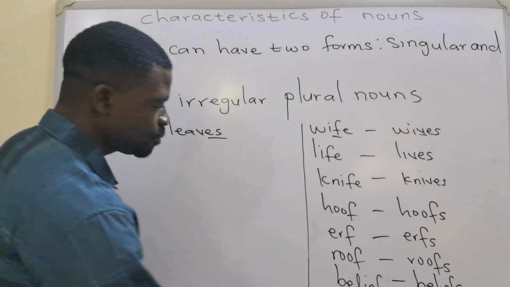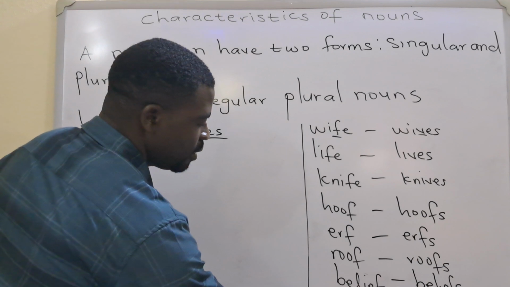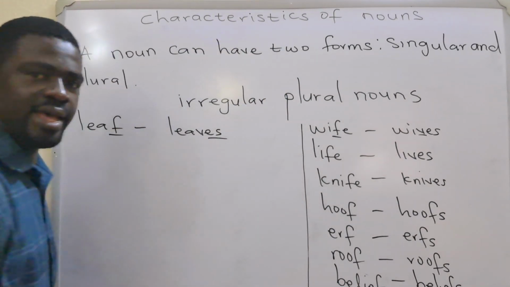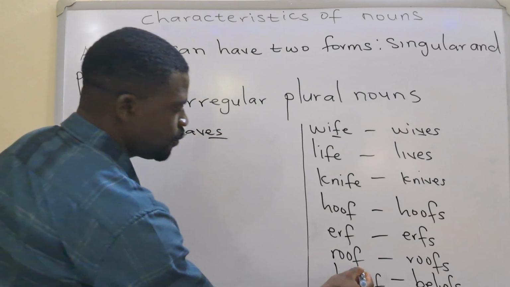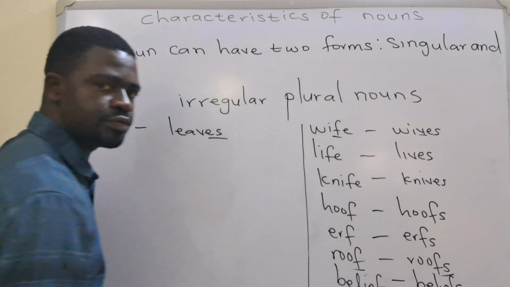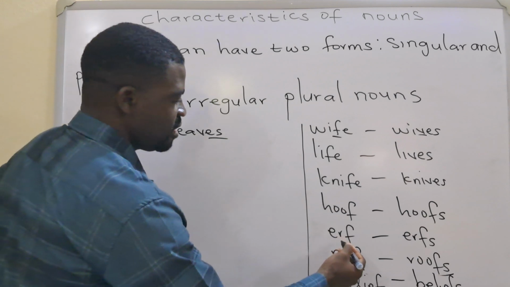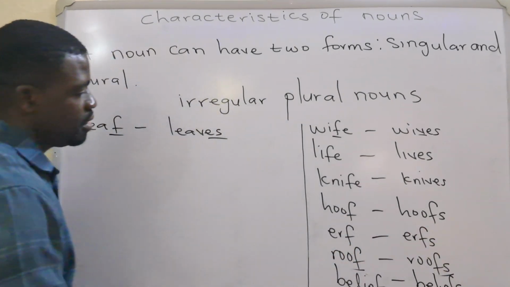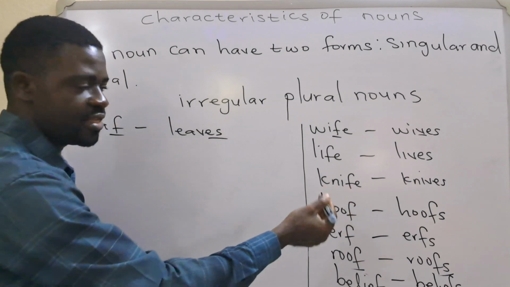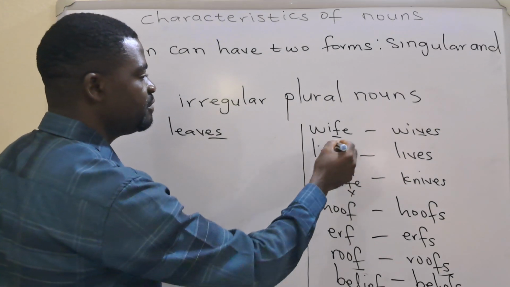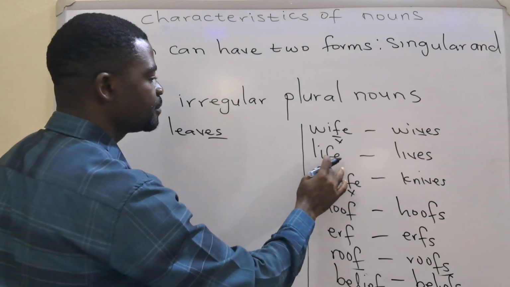For example, we have belief, you simply add your S. Roof, you just add your S, roofs. Hoof, hooves. But these ones will have to change. The F here will change to V, F here changes to V, this one changes to V.